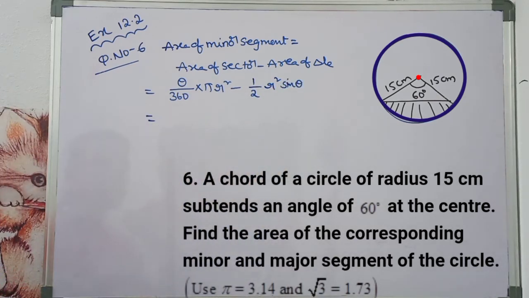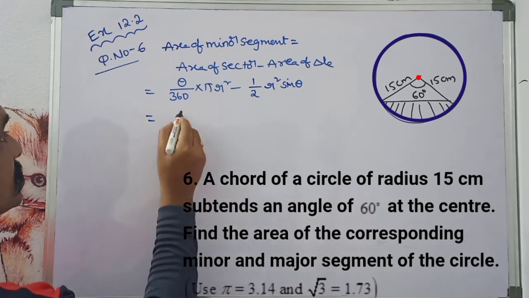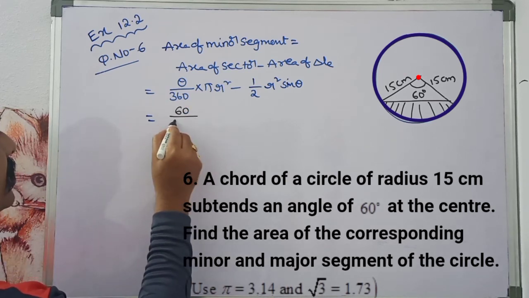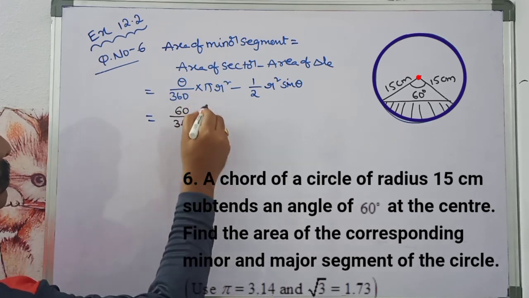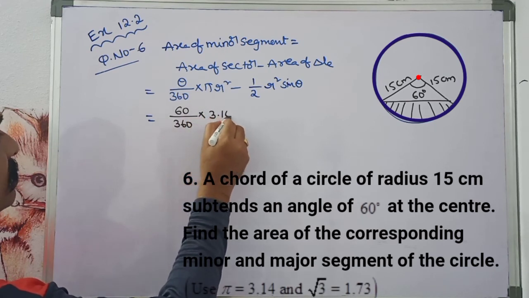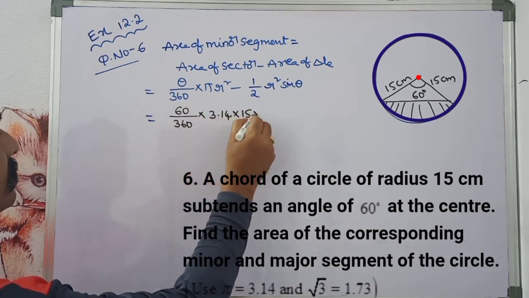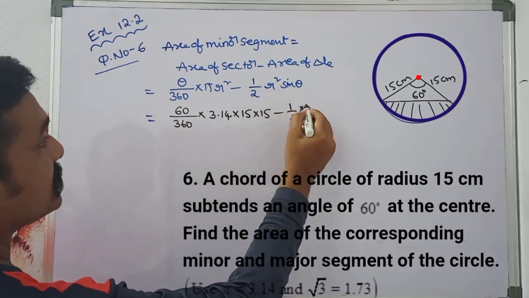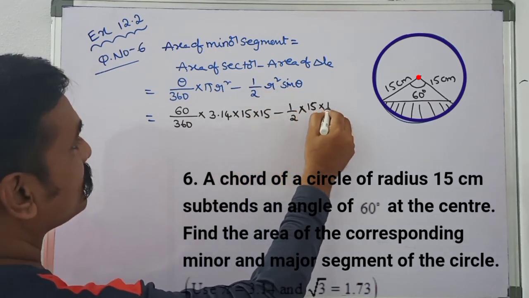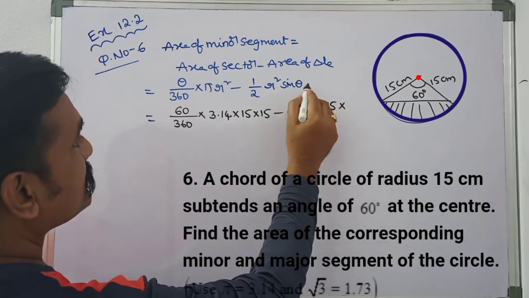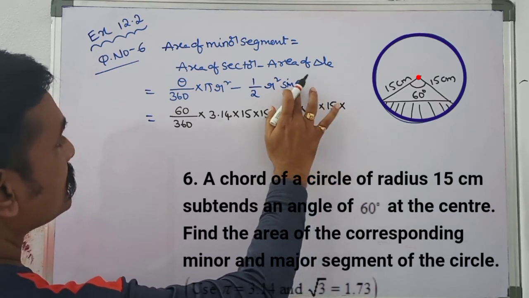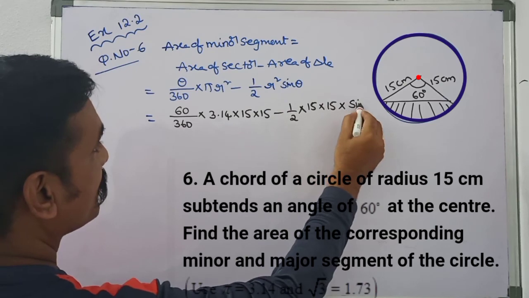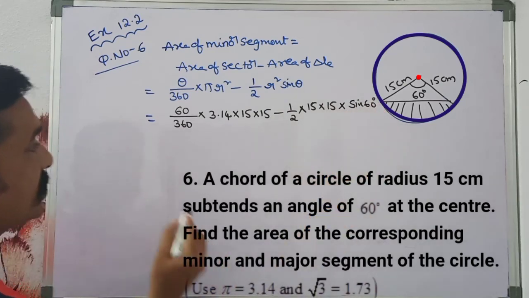Substitute all the values here. Theta value is 60 degrees by 360. Here the pi value they ask you to take is 3.14, into radius 15 into 15, minus half into r square, 15 into 15, into sine 60 degrees.